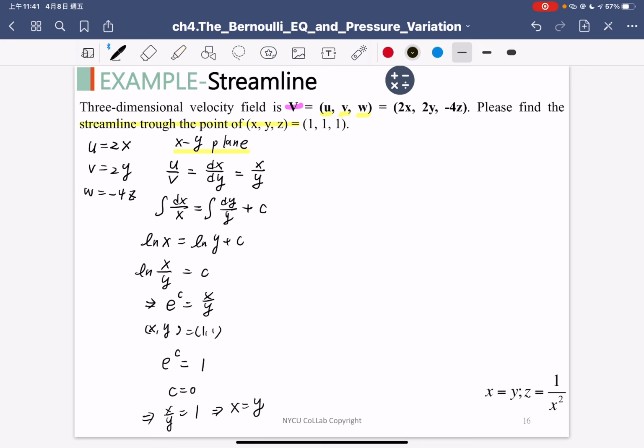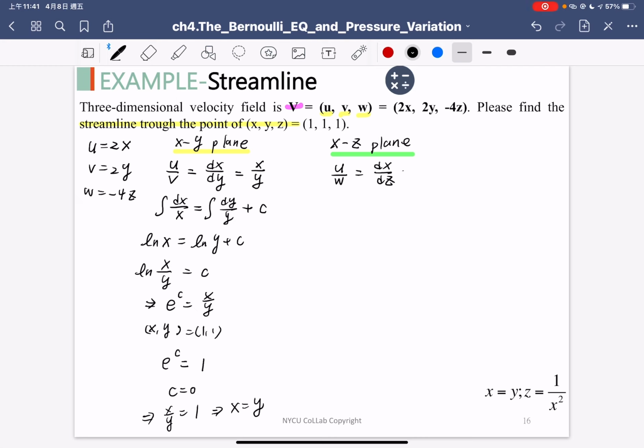Okay, so how about if we change the plane to the xz plane? We have another case. We change to the xz plane, so we have u and we have w, and it's equal to dx over dz, right?